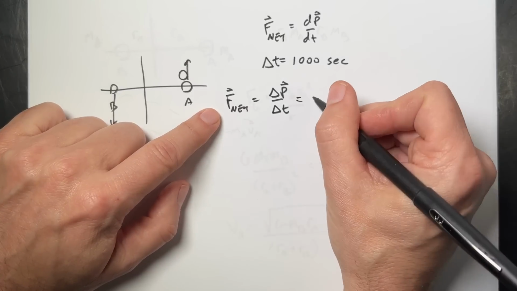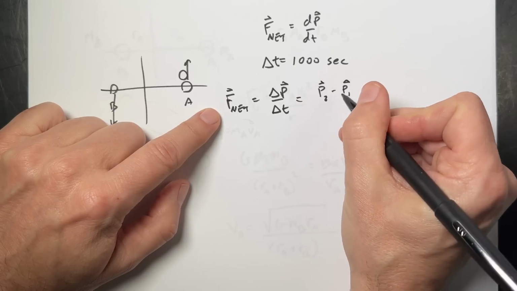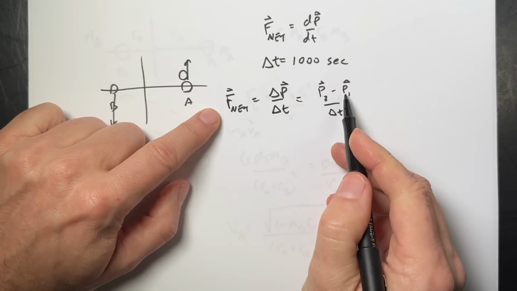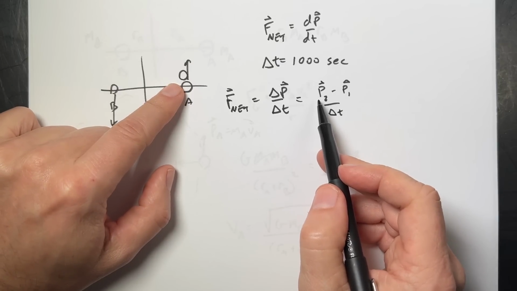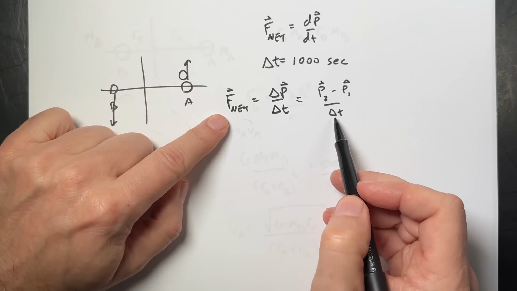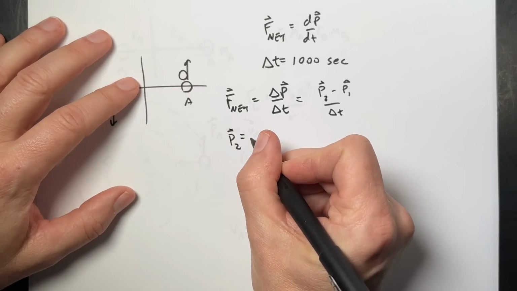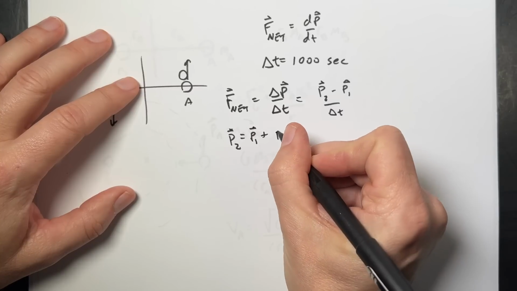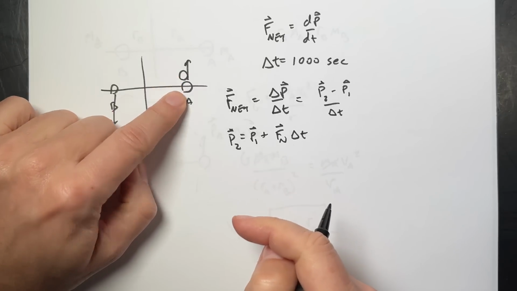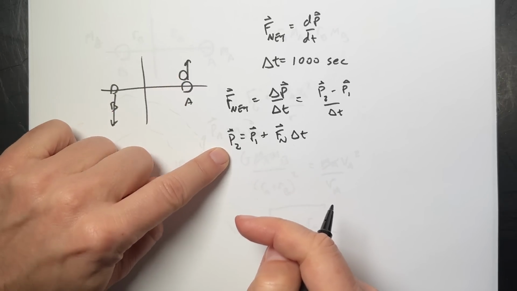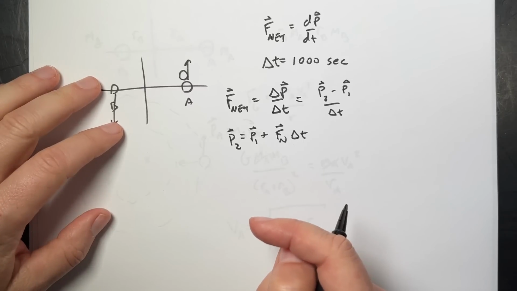I could write this as P2 minus P1 over delta t. P1 is the momentum at the beginning of the time interval, and P2 is the momentum at the end. If I multiply by delta t, I can solve for P2: P2 equals P1 plus F net delta t. So I can find the new momentum at the end of that time interval. I need to know the initial momentum, calculate the force, and multiply by delta t.